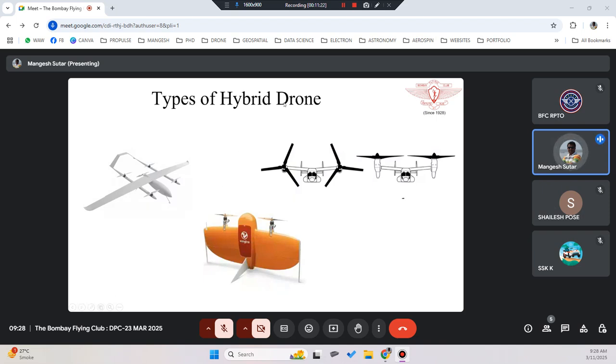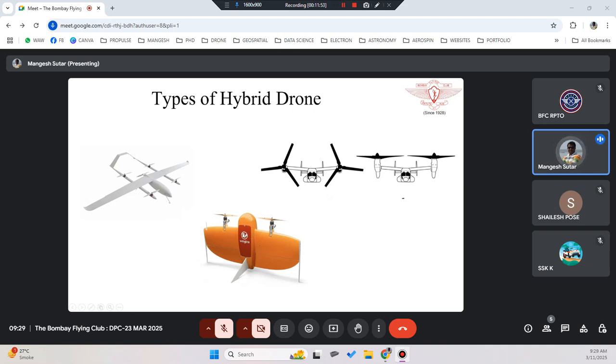So there are different types of hybrid drones, like you can see here in the images. This orange colored drone is very famous and very widely used as a hybrid drone because it has just two motors. That's it. As it goes up in the sky, only these two motors are there, and then it transitions from a normal drone to aeroplane mode, and performs the surveillance activity.